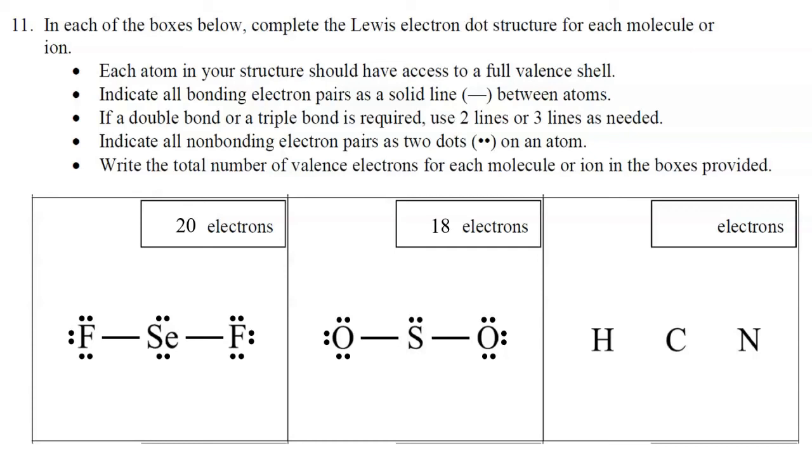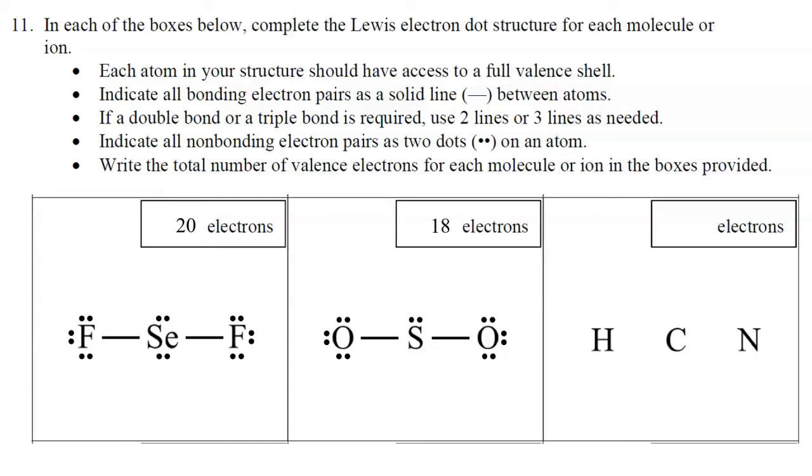The sulfur does not have a complete octet. Right now, the sulfur only has access to 6 electrons. I'm going to have to make a double bond on one side, not on both sides, just on one side. It doesn't matter which pair of electrons you choose as far as on the oxygen or the other oxygen. Don't take electrons off the sulfur.